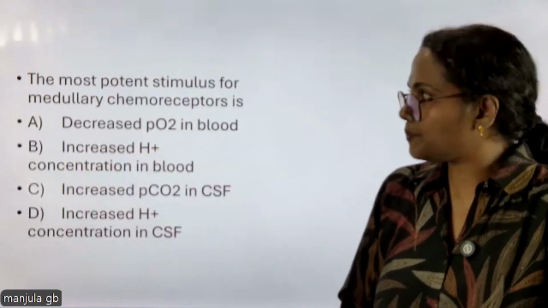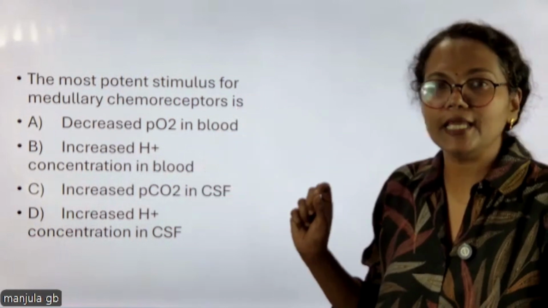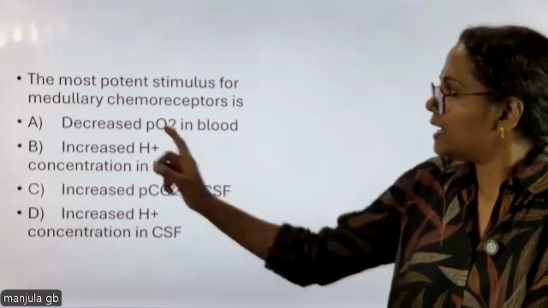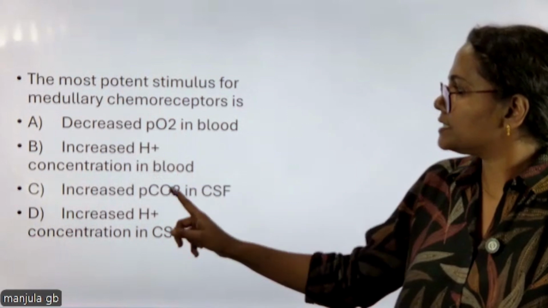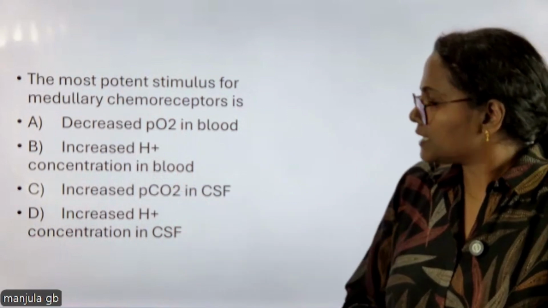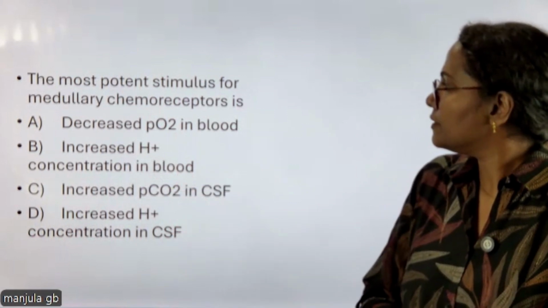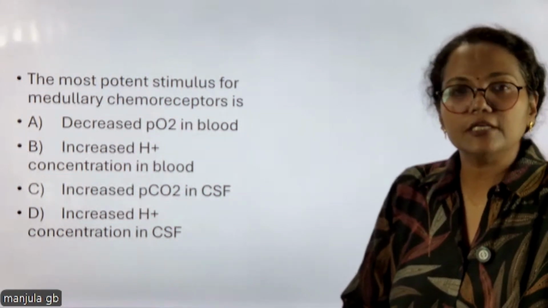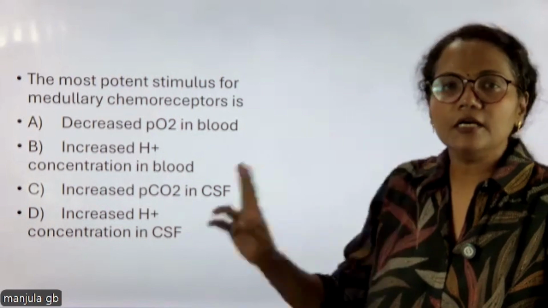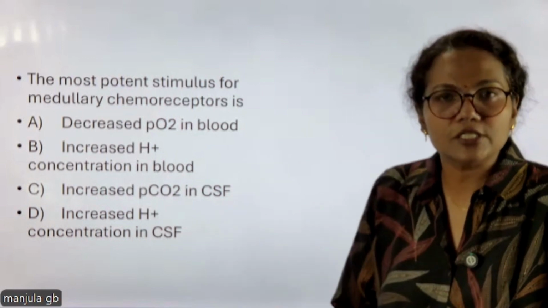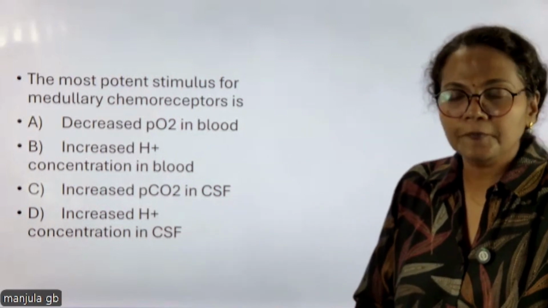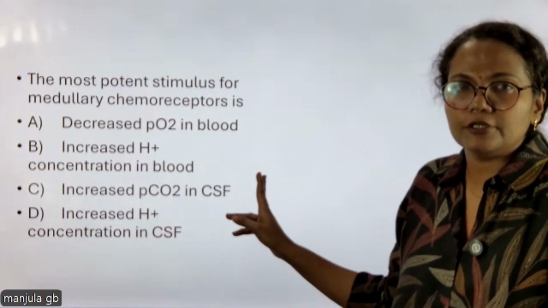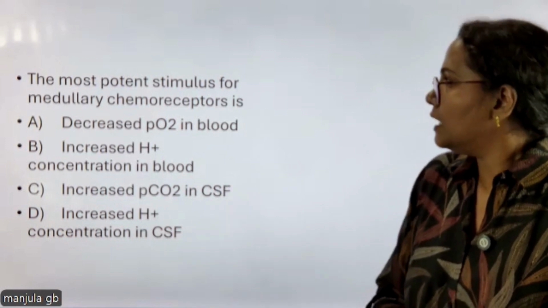Next question, the most potent stimulus for medullary chemoreceptors is decreased PO2 in the blood, increased H+ concentration in the blood, increased PCO2 in the CSF, increased H+ concentration in the CSF. This is a question in last year's question paper 2024. So you can answer this one.